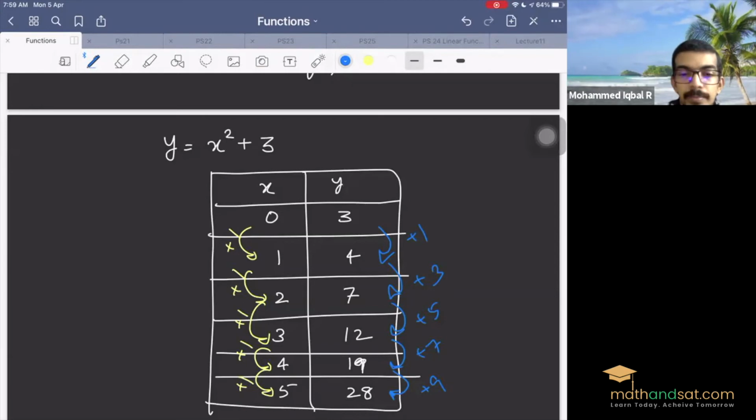So this does not represent a linear relationship between x and y. So how do you know that a physical situation represents a linear relationship? You keep giving constant changes in the input. If the output also changes at a constant rate, then you can say that it's a linear relationship.